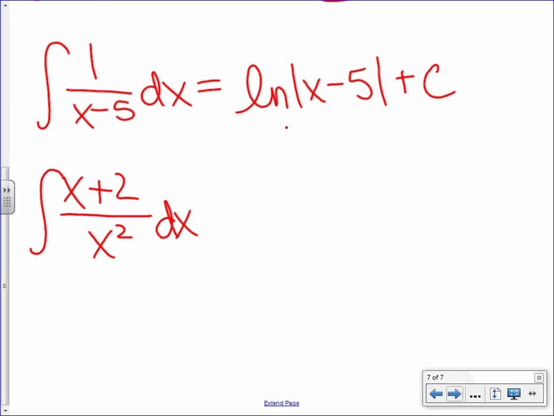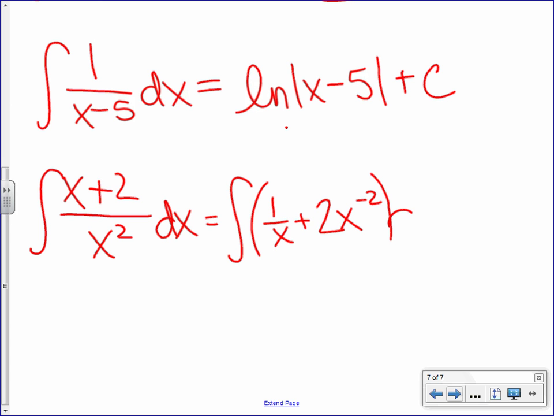We don't have a quotient rule for antiderivatives, but what can we do? We can divide by x squared. So this would be the same as x to the negative 1 plus 2 times x to the negative 2. Anytime you have x to the negative 1, I would get in the habit of writing it as 1 over x, so you can recognize it as that natural log antiderivative.